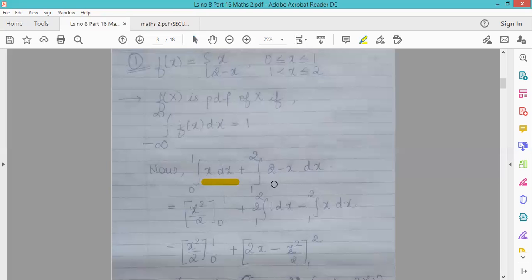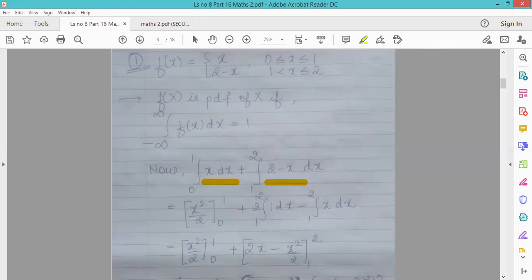Now as you can see, there's a minus sign in between. So minus tells us you have to do the integration separately. So I bring 2 in front as it is constant. So 2 integration 1 to 2, 1 dx, minus integration 1 to 2 x dx.